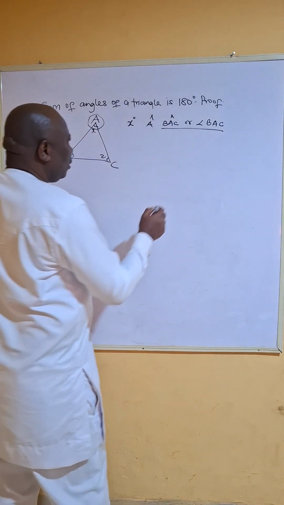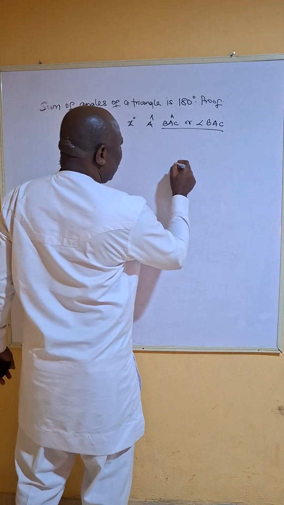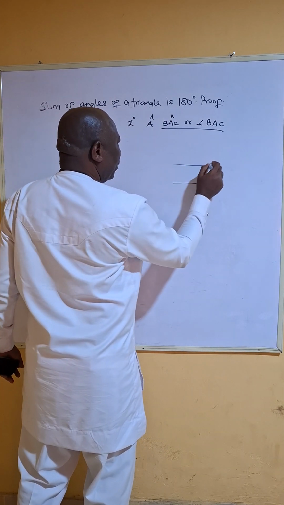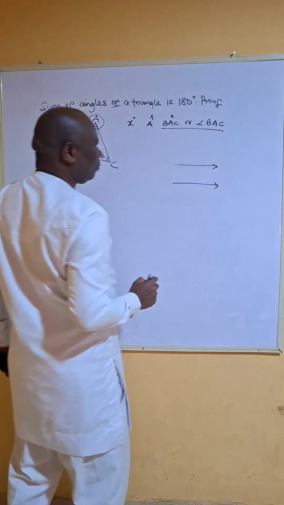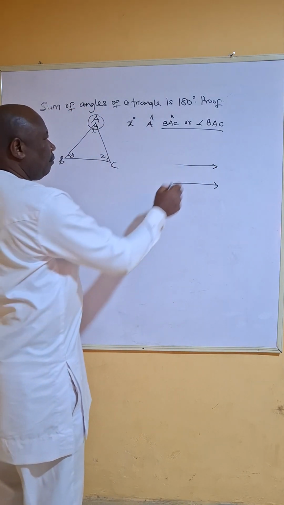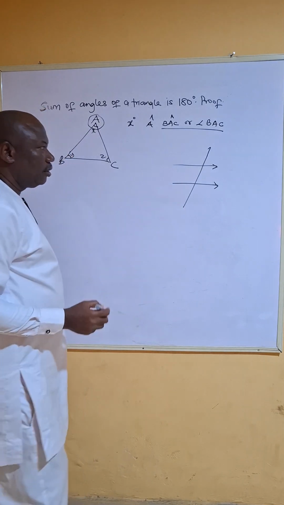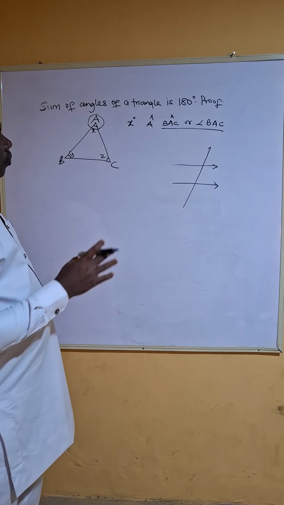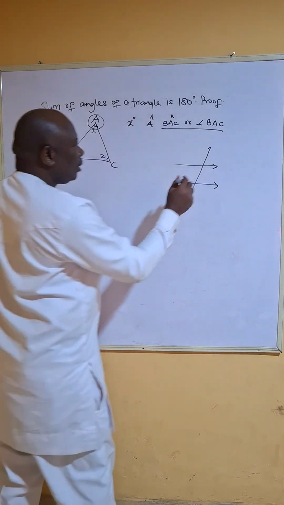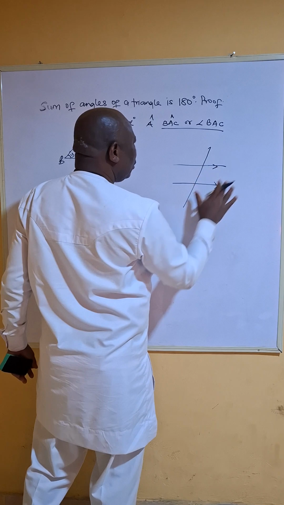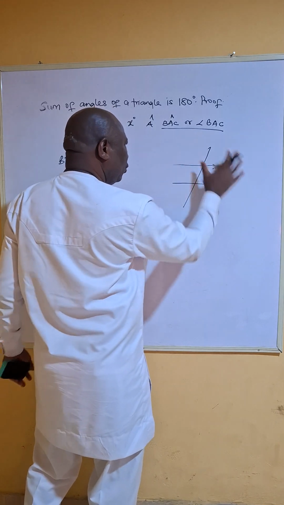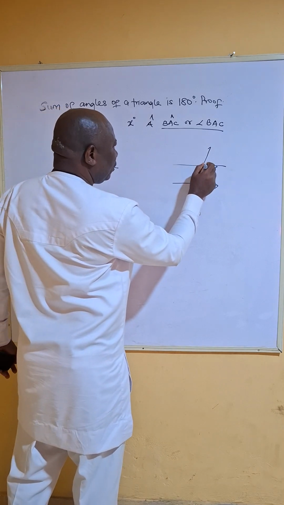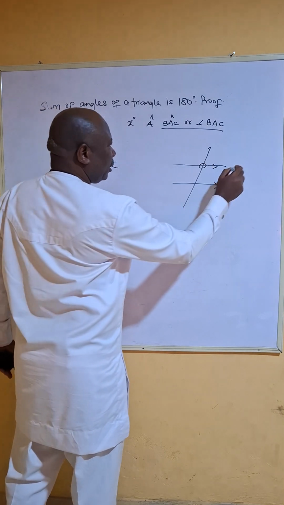When you have 2 parallel lines like this, and you have a line intersecting the 2, we can use this to get different facts from here. The first one is angle at a point, which is 360 degrees.